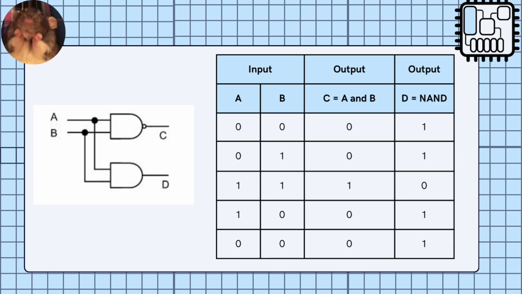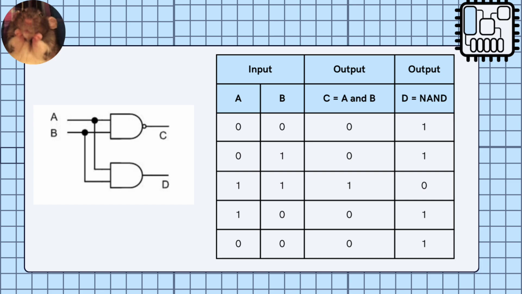The output of D is 1 because it is completely opposite to the output of C. Next, the input of A is 0, the input of B is 1, the output of C is 0 because one of the input values is not 1, and the output of D is completely different from C, which is 1, because we just get 0 for the value of output C.